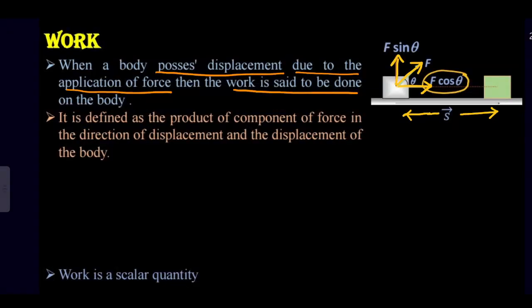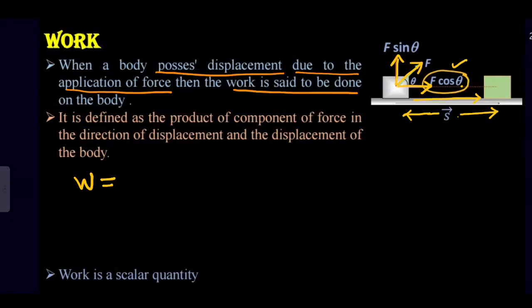Then the work done, denoted by W, is defined as the component of force along the displacement. The displacement of the body is to the right, and in this direction the force component is F cos theta. F cos theta is along the displacement.